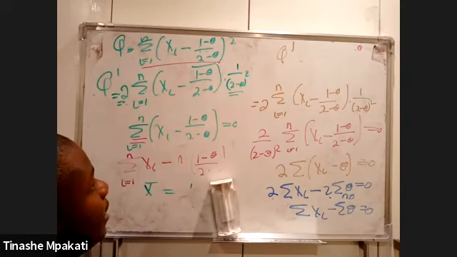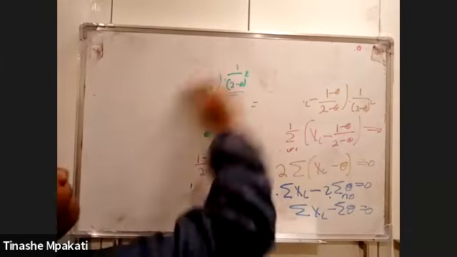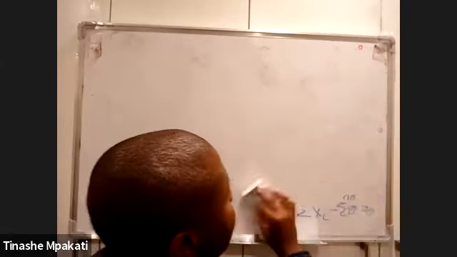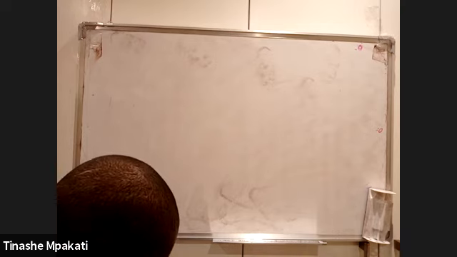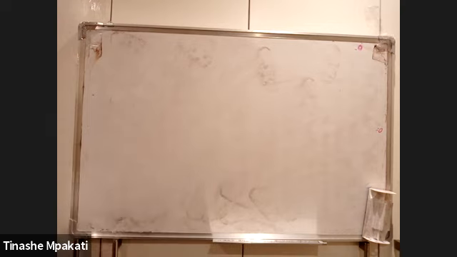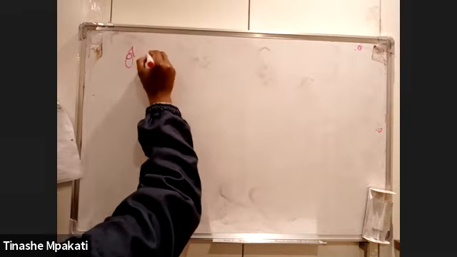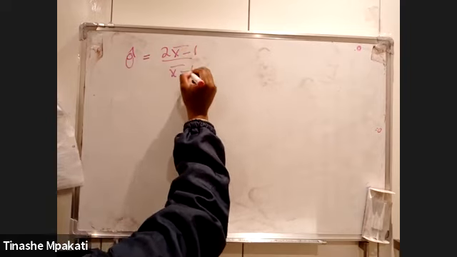So where we were, we ended up getting that our estimate, this is what we got, being equal to 2 x bar minus 1 over x bar minus 1, like that.